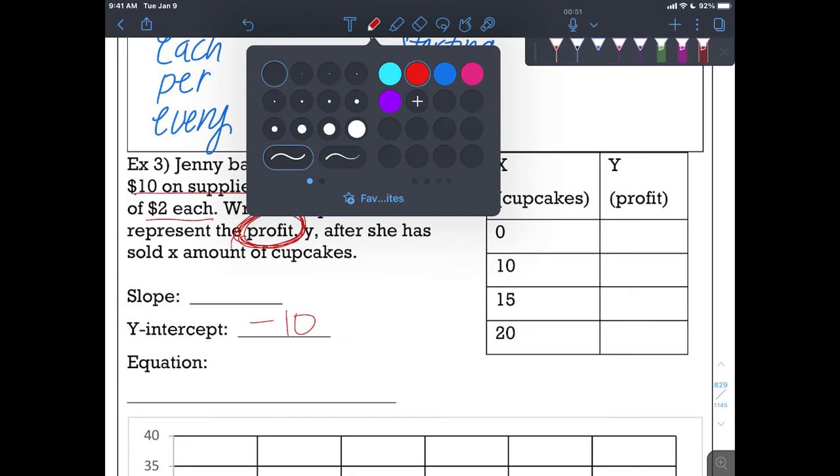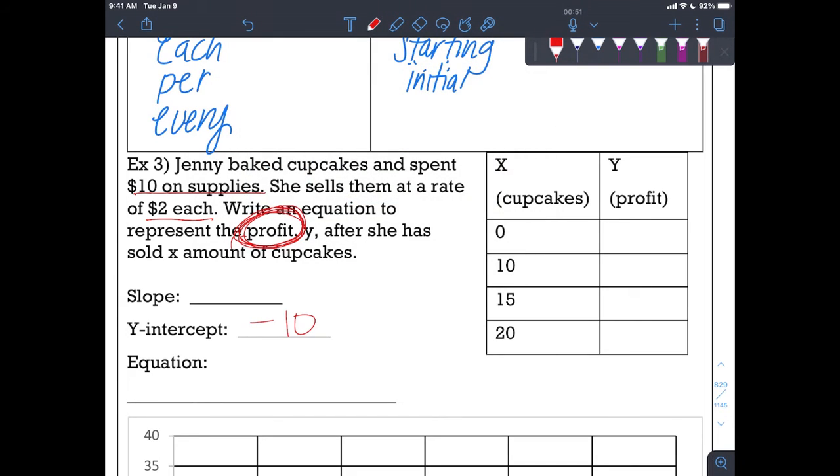We're down $10, -10. And we're selling them for $2 each. Therefore, my equation is the amount of money I make will be equal to $2 multiplied times every cupcake minus the $10 it cost me in order to get all of my supplies. So my y-intercept is -10.